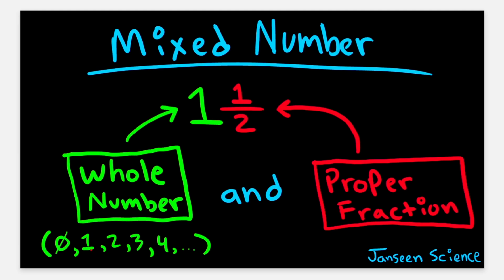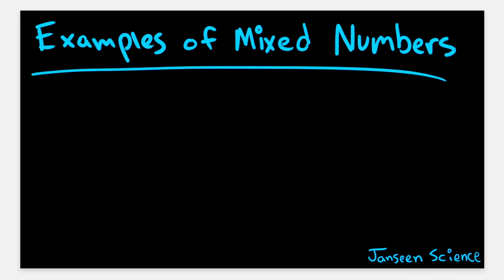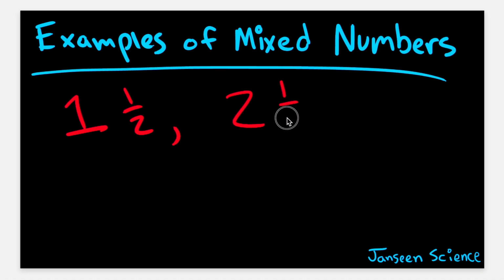So let me go ahead and show you a couple of examples of mixed numbers. We already saw 1 and a half. 1 is a whole number, and the half, that is a proper fraction. Let's look at 2 and a half. 2 is a whole number.